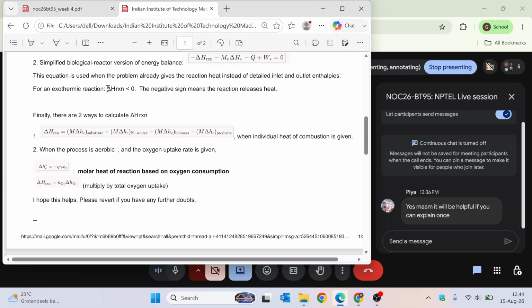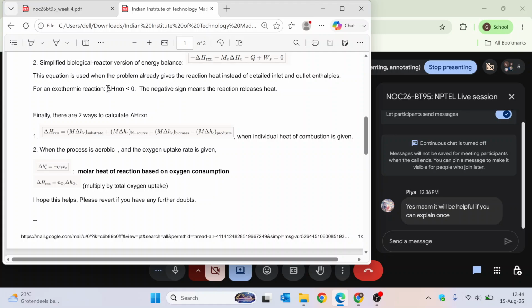So here you have this formula for del Hc naught, which is minus Q gamma Xc. Here your molar heat of reaction is based on the oxygen consumption itself. And how can you calculate the oxygen consumption?